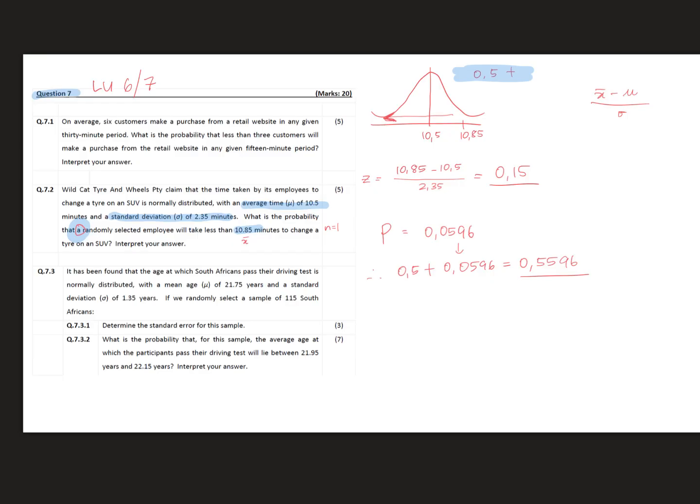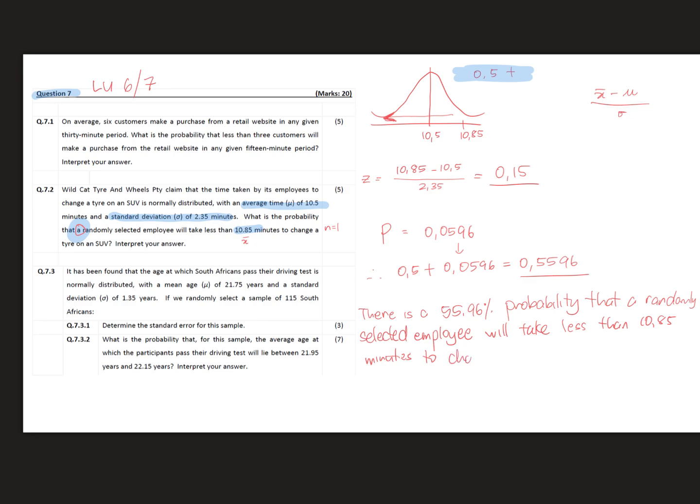So you're going to say, therefore, there is a 55.96% probability that a randomly selected employee will take less than 10.85 minutes to change a tire on an SUV.